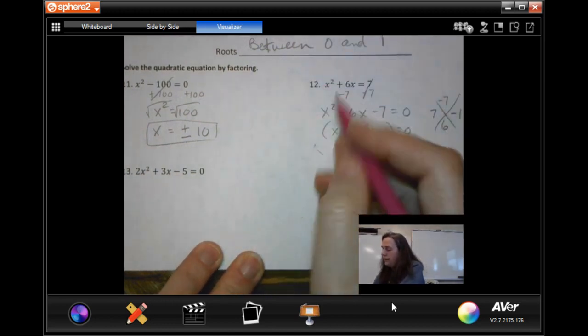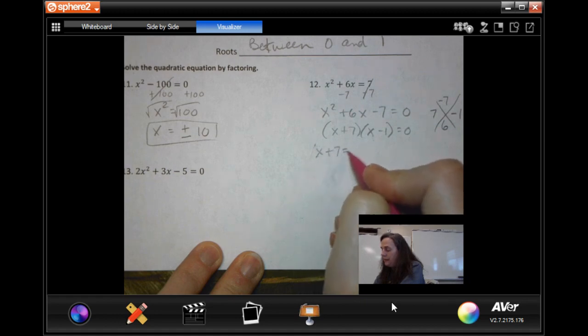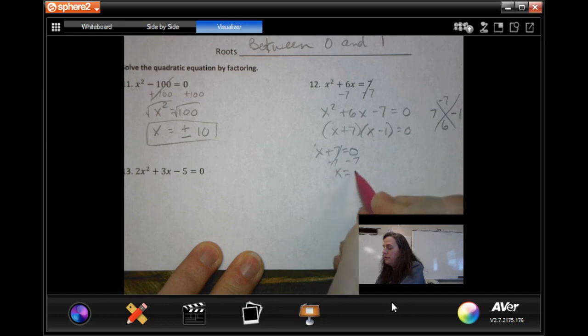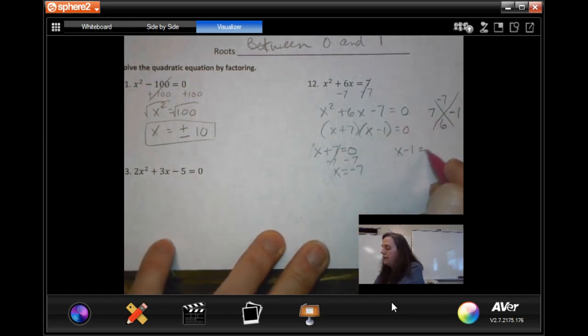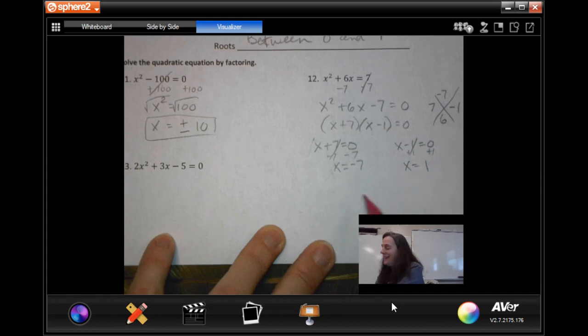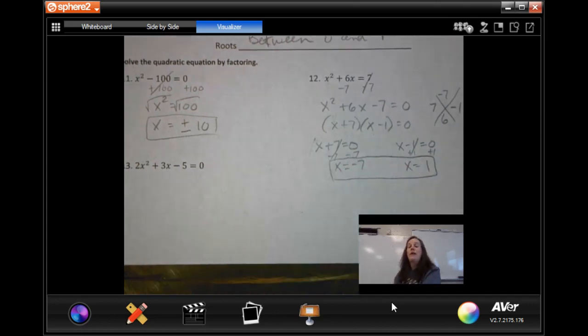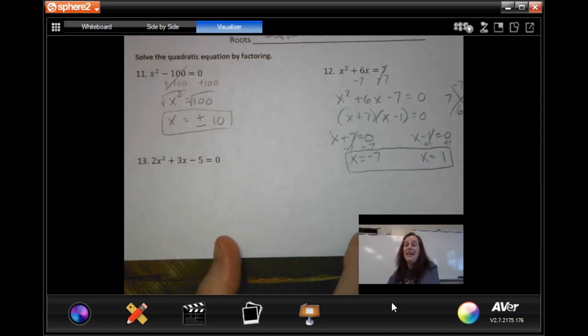We're going to pull it and say, if this one was equal to 0, then what's x? -7. And if this one is the 0, what's x? 1. Now we have our two solutions and we're actually done. So you have to get all the way to that point where it says, what is x equal to?